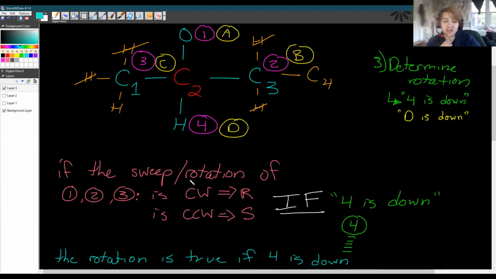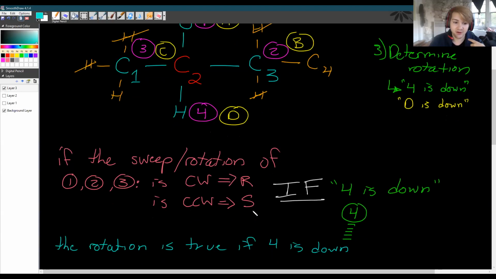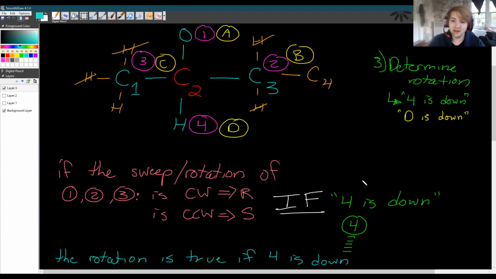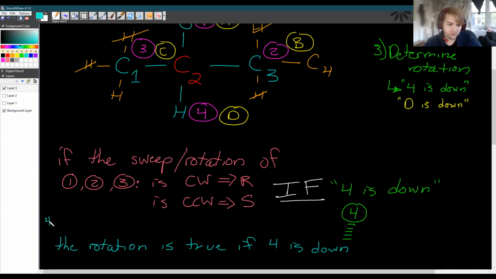Okay, so the rotation that we're guessing, clockwise is R, counterclockwise is S, is true if group 4 is on the dash. Otherwise, we're going to take the opposite of what we think the rotation is. And so what this is doing is our check, okay? So this is where we are doing step 4, the check. Step 4, the check.